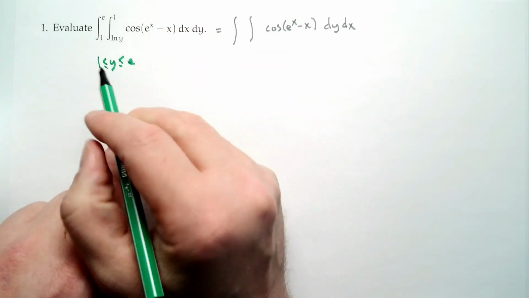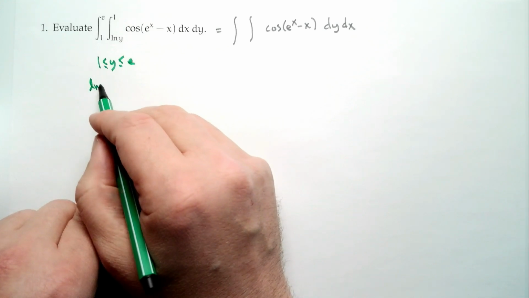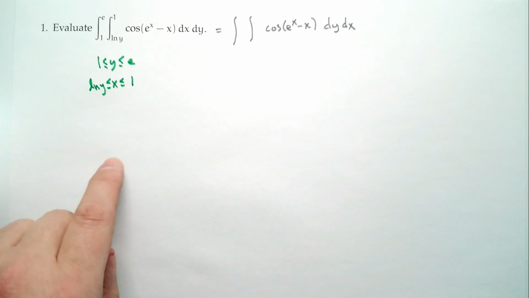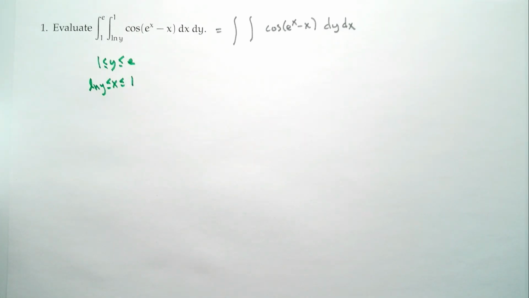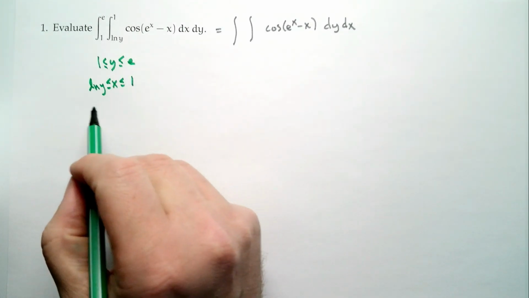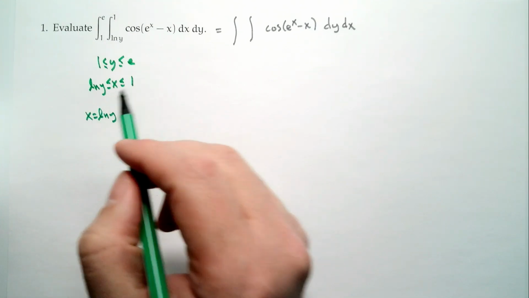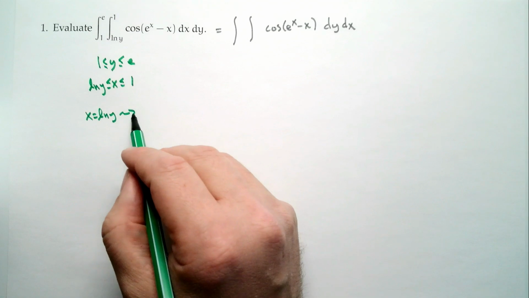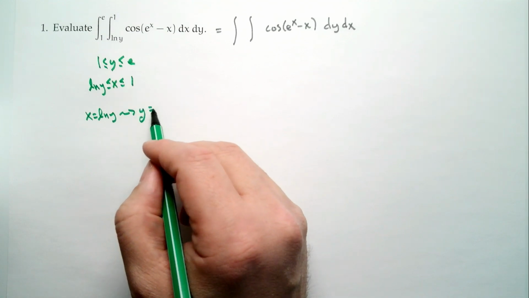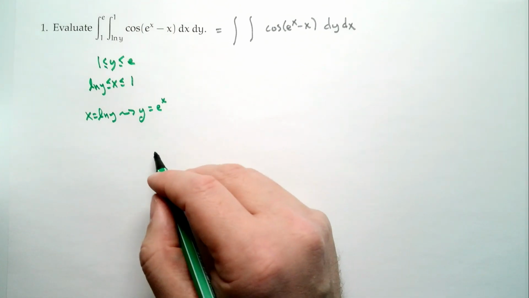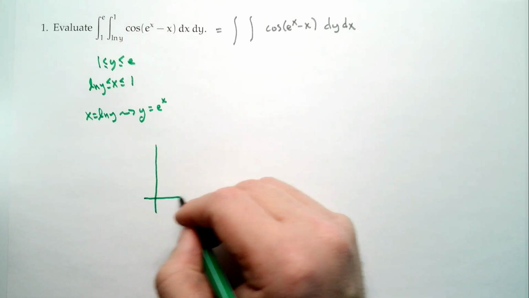So it tells us that x is going to go from log y up to 1. Now, probably the curve we have to figure out is this curve x equals log of y, but this is not such a bad curve because this is the same curve as y equals e to the x. You say, okay, that's going to give us some idea what's going on.